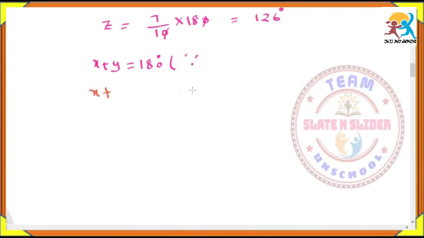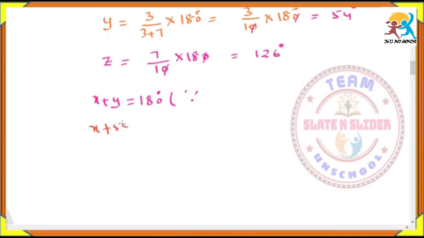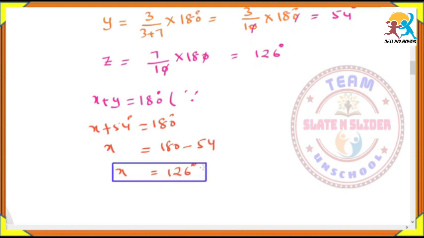Since y is 54 degrees, x plus 54 degrees is equal to 180 degrees. So x is equal to 180 minus 54, so x is equal to 126 degrees. So like this we have to find. And we will go through the next one.